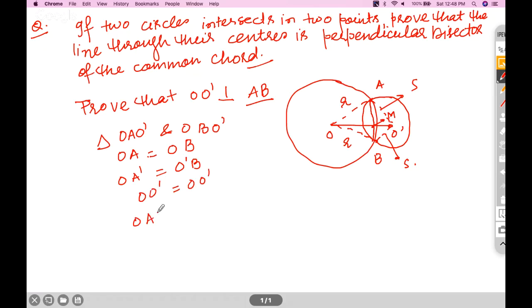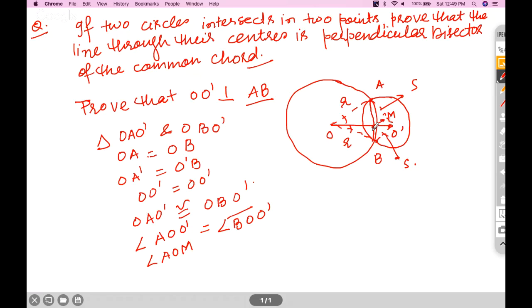Hence, triangle OAO dash is congruent to triangle OBO dash. If this is congruent, then I will prove that angle AOO dash is equal to angle BOO dash, because they are opposite to equal sides.